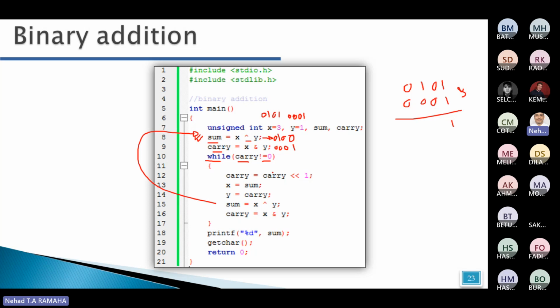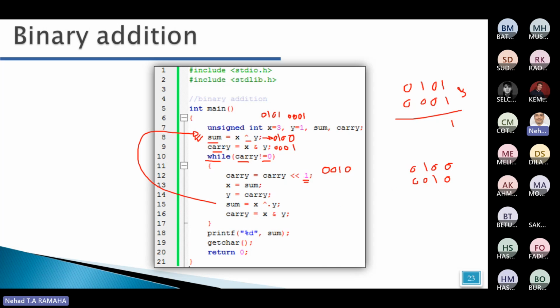Make shift 1 digit for the carry, so the carry becomes 0, 0, 1, 0. Now x equals the summation, so x equals 0, 0, 1, 0. Y equals the carry, so y equals 0, 1, 0, 0, because carry equals carry shifted by 1.